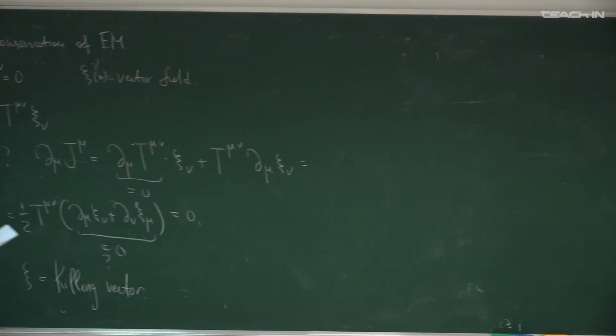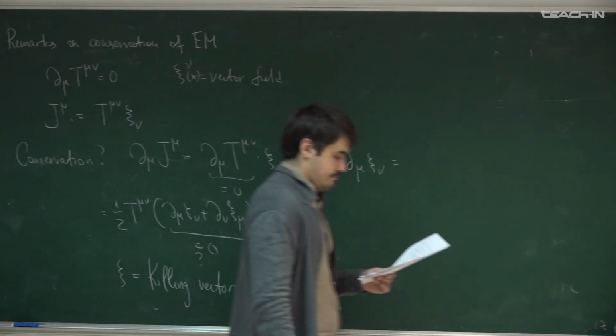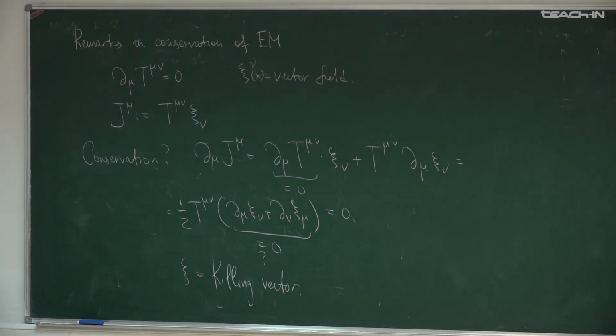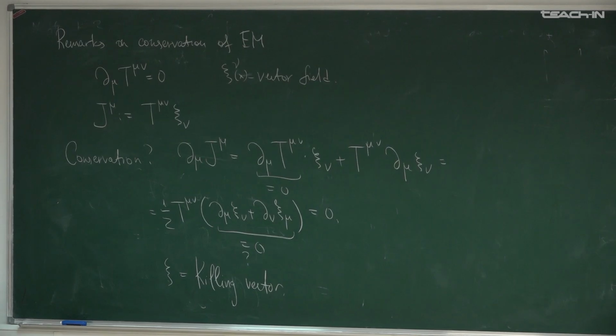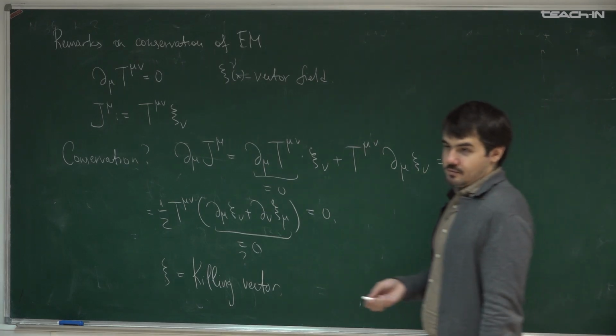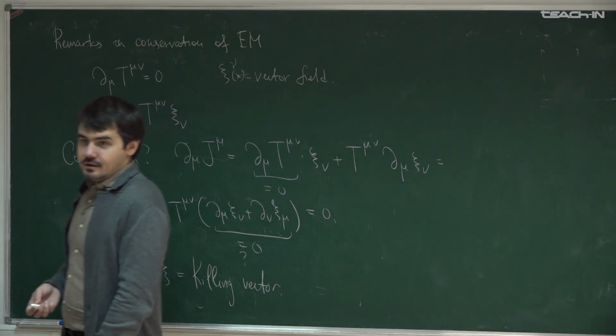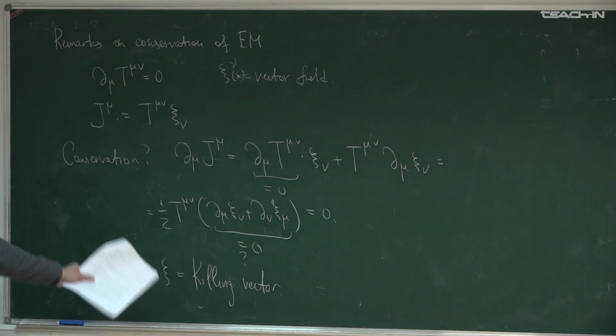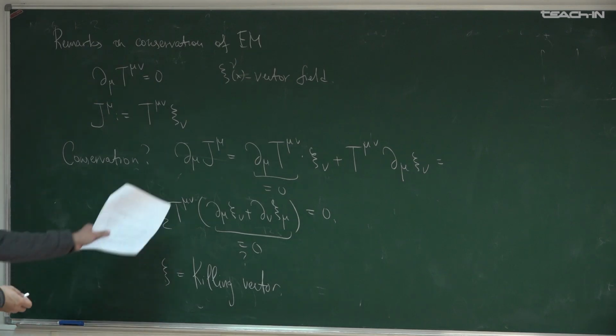So for example, in flat space, what are the Killing vectors? Yes, Poincare. The group of motions of flat space is the Poincare group, so rotations and translations you can derive from here by contracting with various fields.